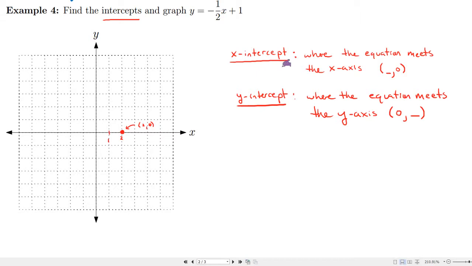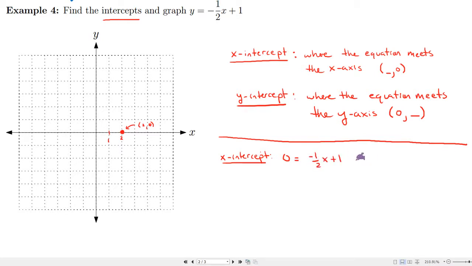To find the x-intercept, I want the y to be 0 and the x to be something. So what I could just do to find the x-intercept is set y equal to 0. For the x-intercept, in this equation right here, we're just going to set y equal to 0 and solve. And that will give us our x value, and that's where the x-intercept is.